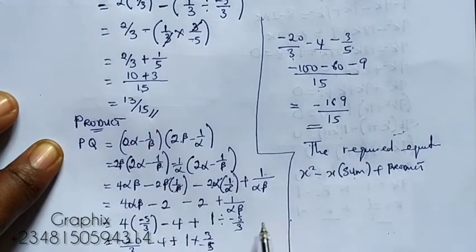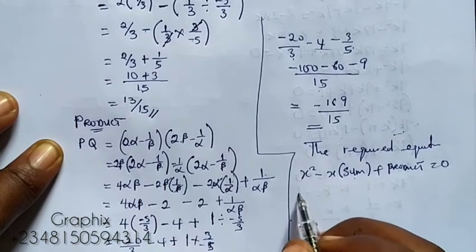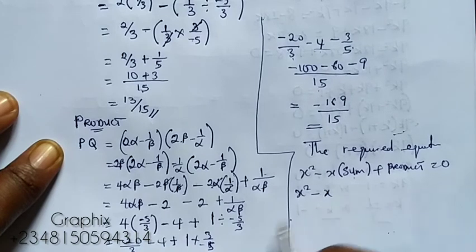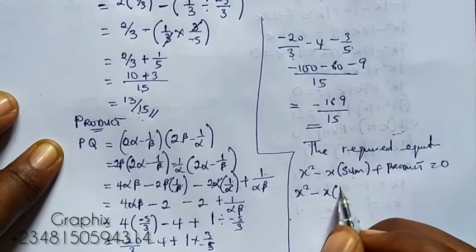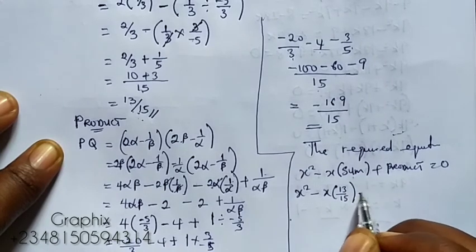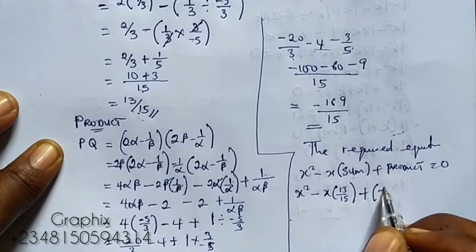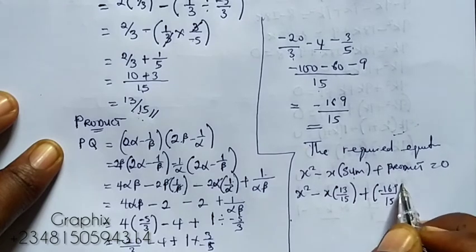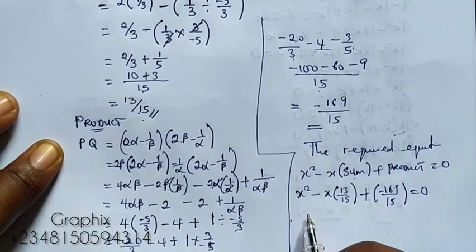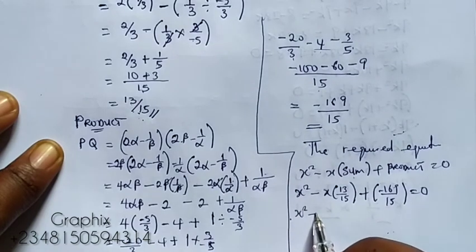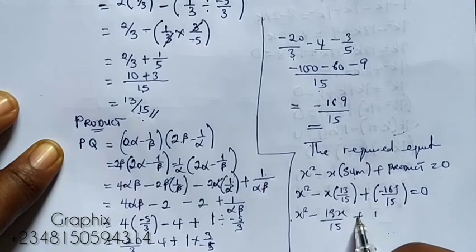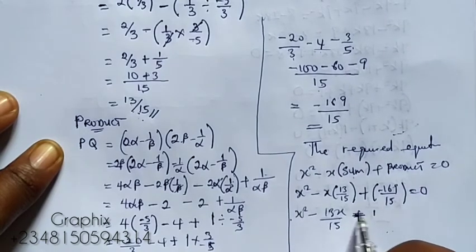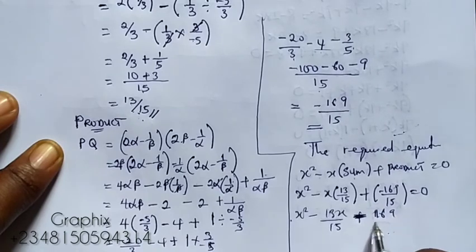That again equals to what? Equals to 0. So we have x squared minus x, what is the sum? The sum is 13 over 15. So we have into bracket 13 over 15 plus what is the product? Product is minus 169 over 15 equals to 0. So we'll be having x squared minus 13x over 15 plus minus times plus give you minus 169 over 15 equals to 0.